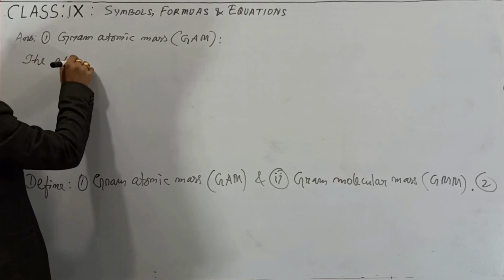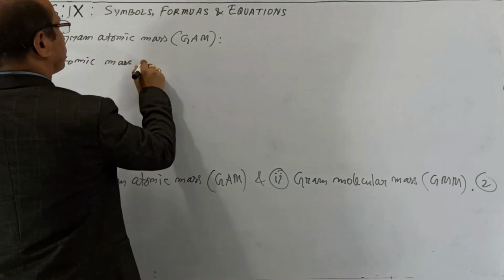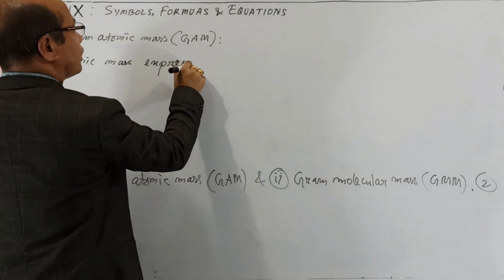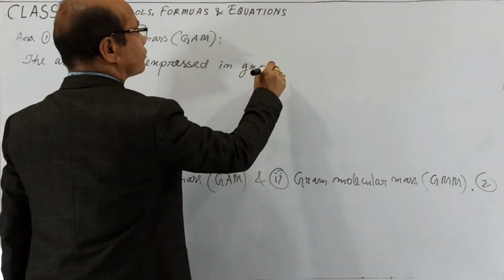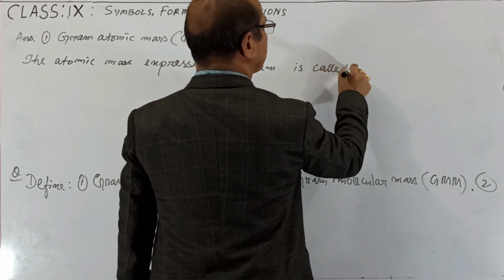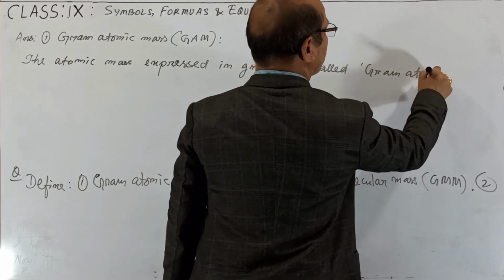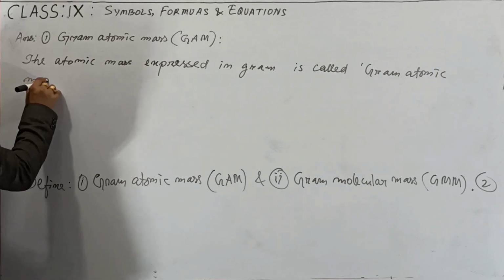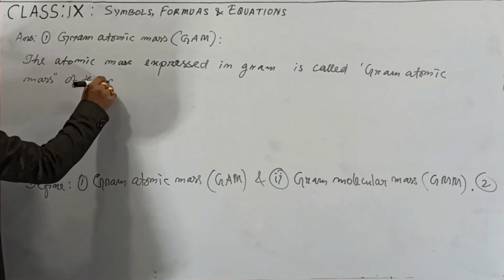The atomic mass expressed in gram is called gram atomic mass of the atom.